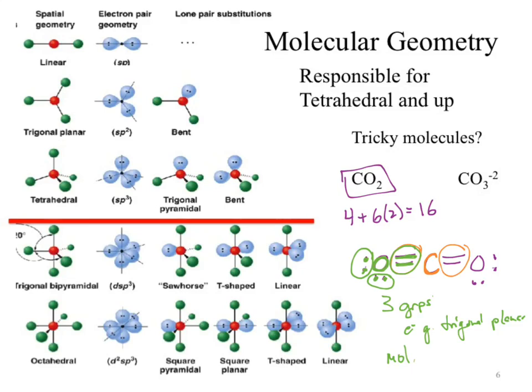There's only one bond. So what we're looking at is a linear geometry. So for the electron one, it's based on the groups around the center. The electron geometry is based solely on your center atom. The molecular geometry is still based on your center atom, whatever you've decided that center atom is.